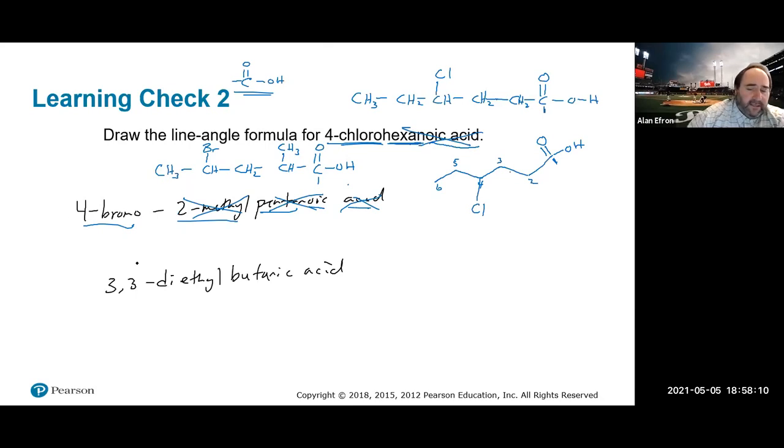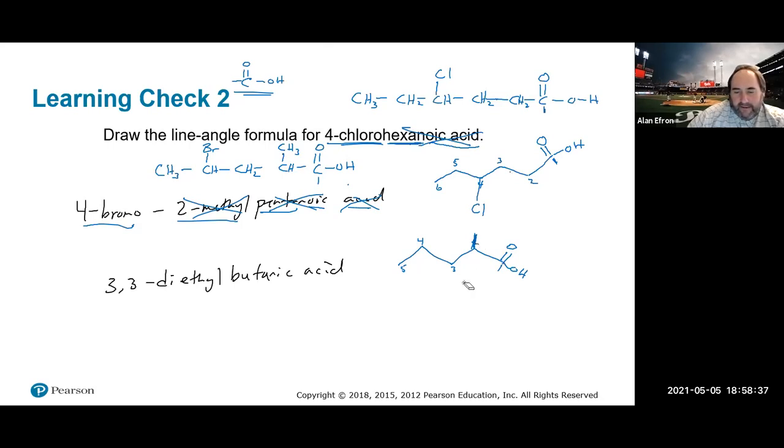If we were going to line structure this one, we would start with the base of 5: 1, 2, 3, 4, 5. Again, I'm going to put my carboxylic acid group at the end, which makes that carbon 1, then carbon 2, 3, 4, and 5. Carbon number 2, right next door, would be a methyl group. I'm going to erase my numbers there.